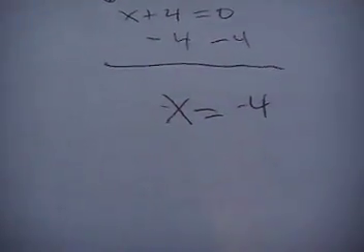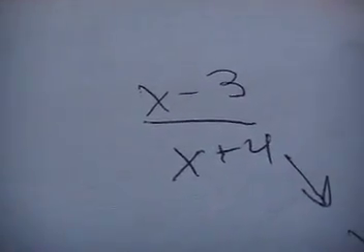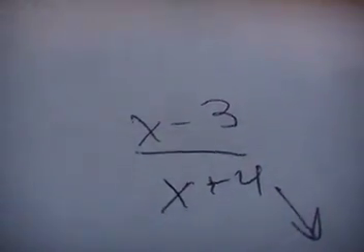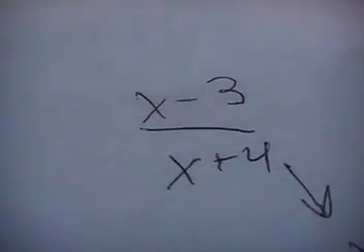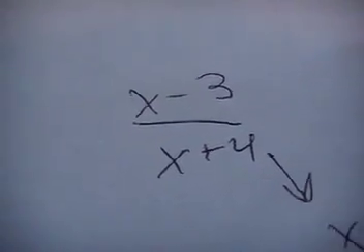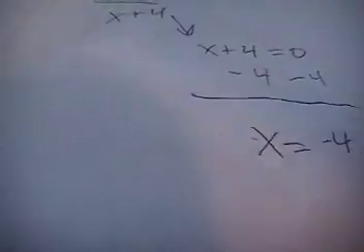This is an issue for us because we can't plug it into the original problem without getting an undefined answer. So as long as your fraction is as reduced as possible, which isn't always the case, anything that makes the bottom 0 is a vertical asymptote.